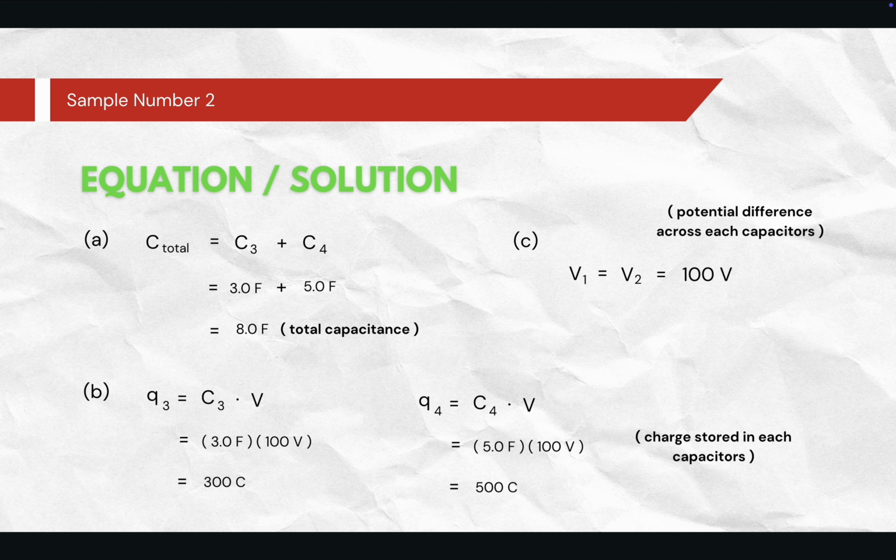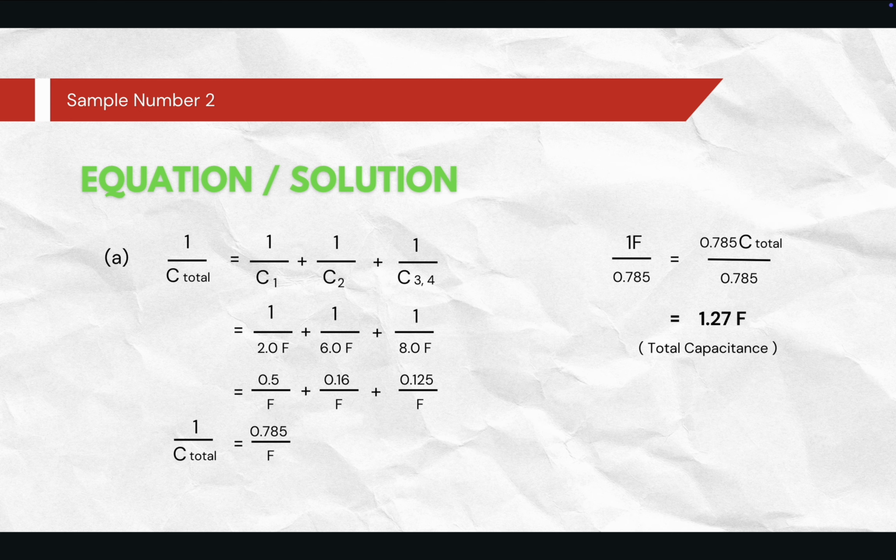Next is the potential difference. Ganun lang. V sub 1 is equal to V sub 2 is equal to 100 volts. Yan yung given na volt. Next is, pagtapos natin ng parallel, need na natin na i-solve yung series. So, magkasama ulit yung capacitor number 3 and 4, kasi parallel nga sila.